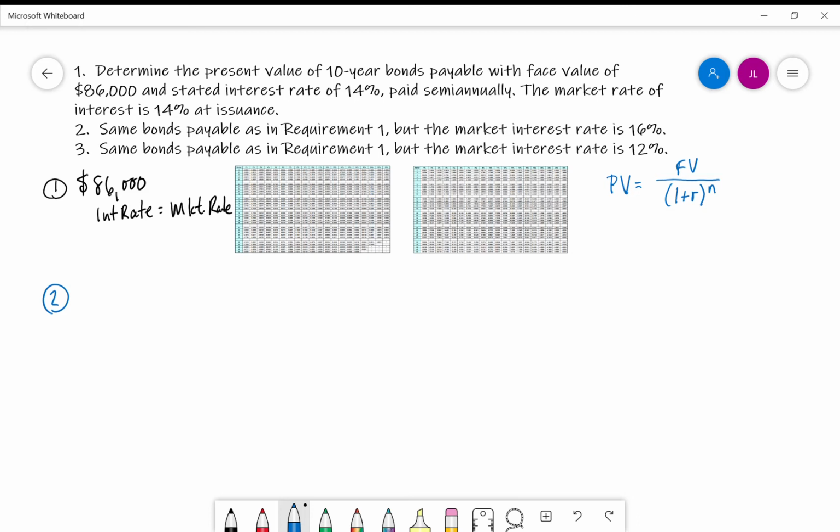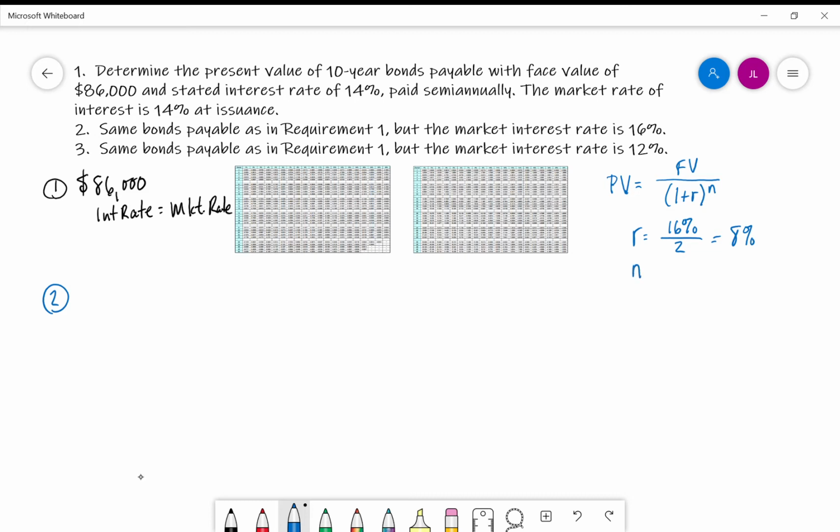Given that we're paying the interest on these bonds semi-annually, that's twice per year, our rate per period is going to be that market rate of 16% divided by 2. If this were to be quarterly, then our denominator here would be 4. If this were to be monthly, our denominator would be 12. So our rate per period in this case is equal to 8%.